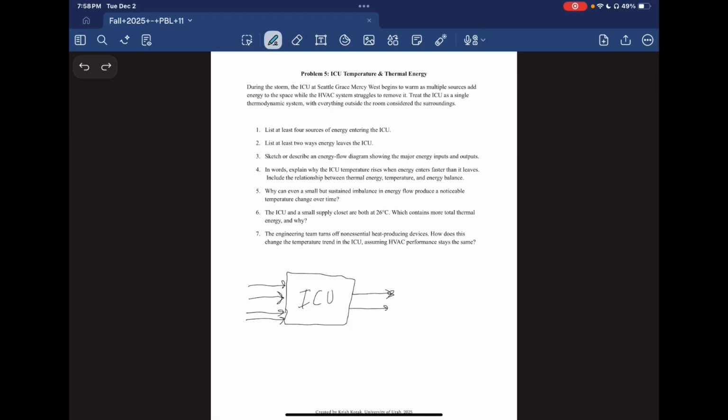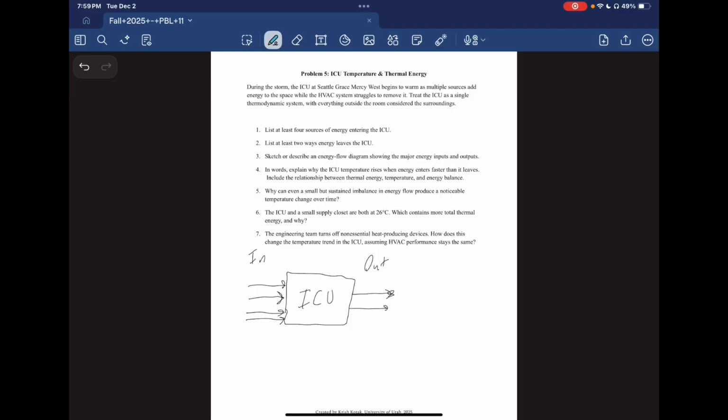Okay, question five. Why can even a small but sustained imbalance in energy flow produce a noticeable temperature change over time? This is pretty obvious, but if the difference between the inflow and the outflow, so I'll go ahead and label this, this is in and this is out, is small, in one moment of time it's not that big of a deal.